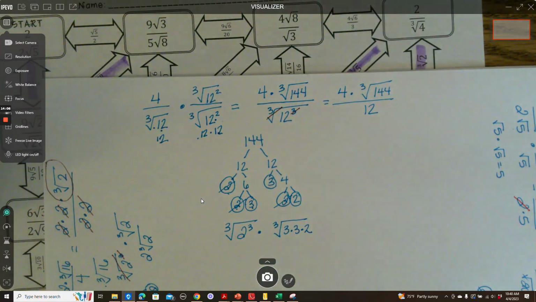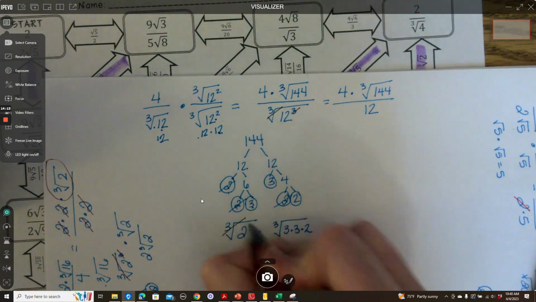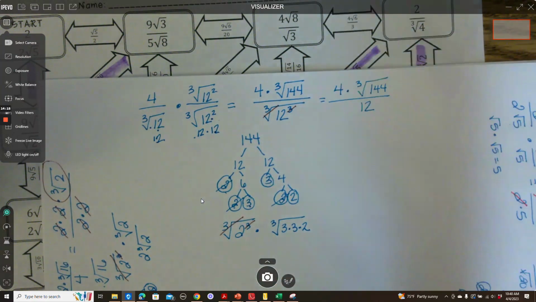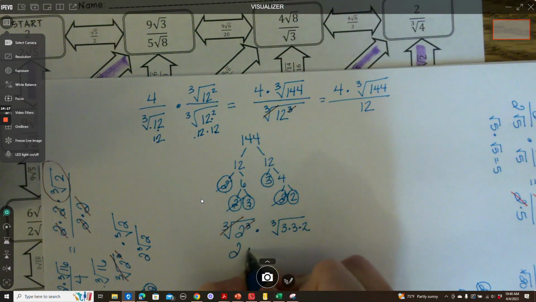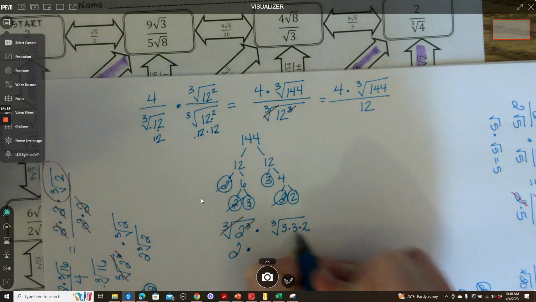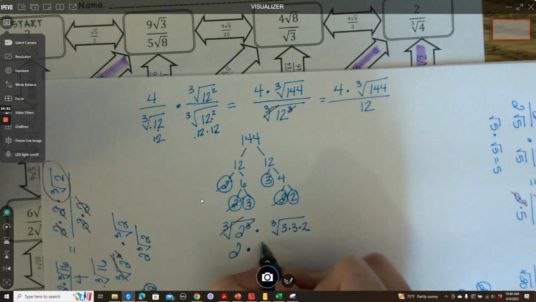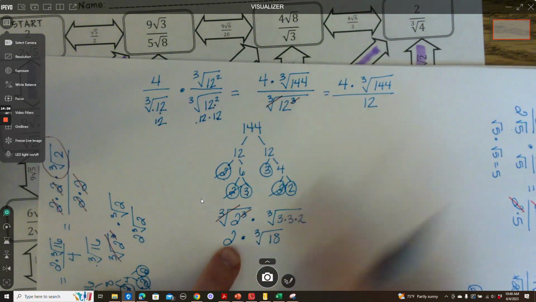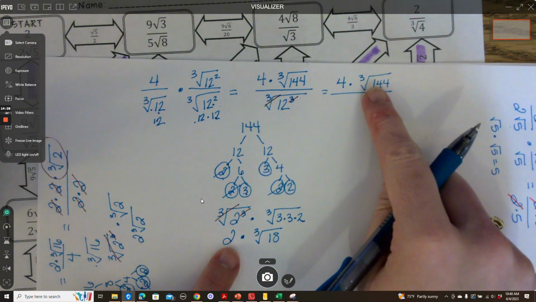I'm going to have to do it anyway, so I might as well do it now. Get rid of this 12. The cube root cancels the exponent of 3. 3 times 3 times 2 is 18. That is just the simplification of this.